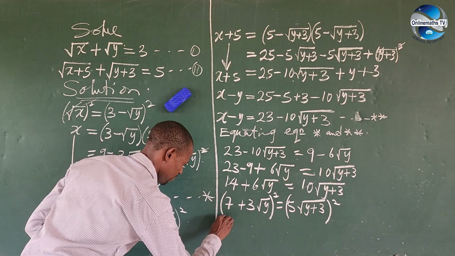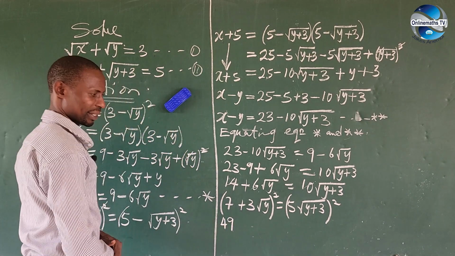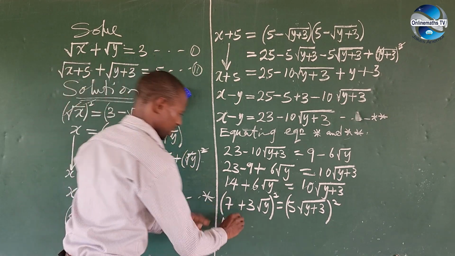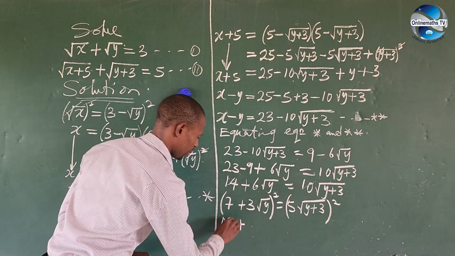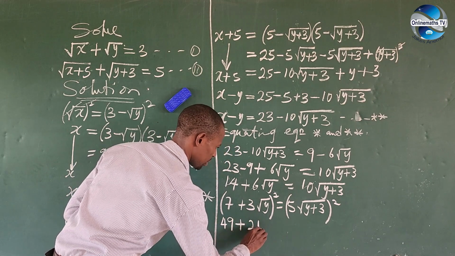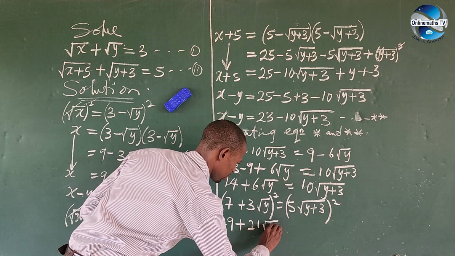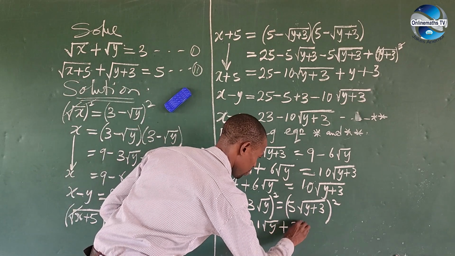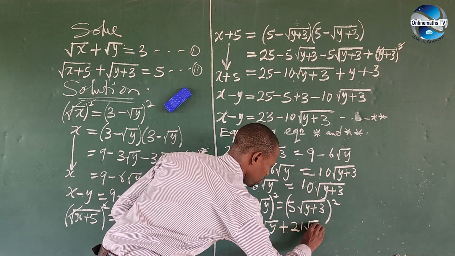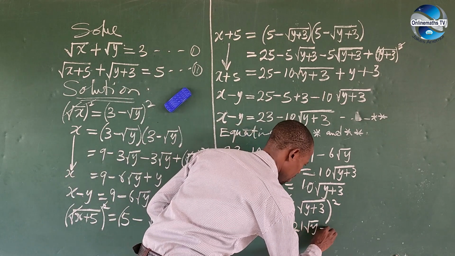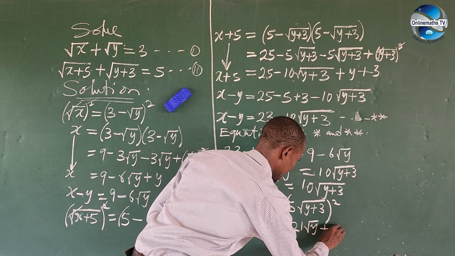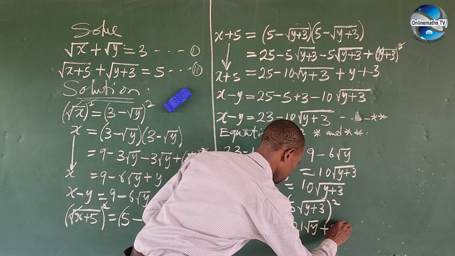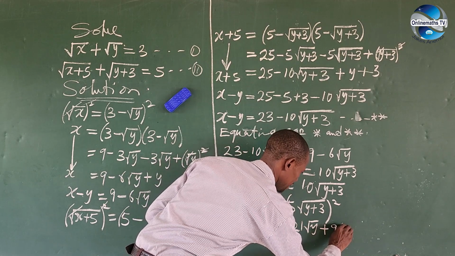This will give us 49. Okay? Good. There plus 21 square root of y plus 21 square root of y plus 9 into y.